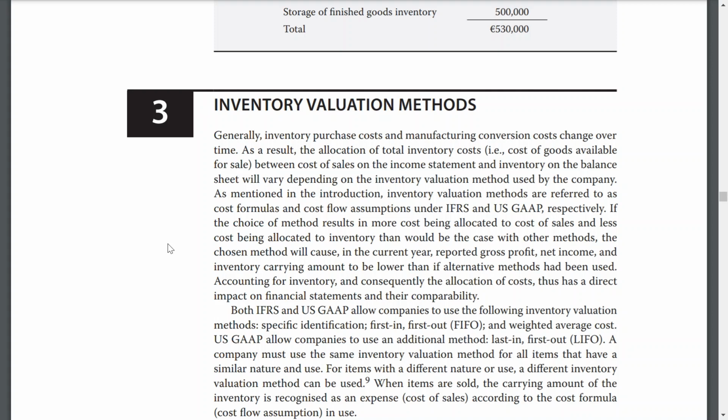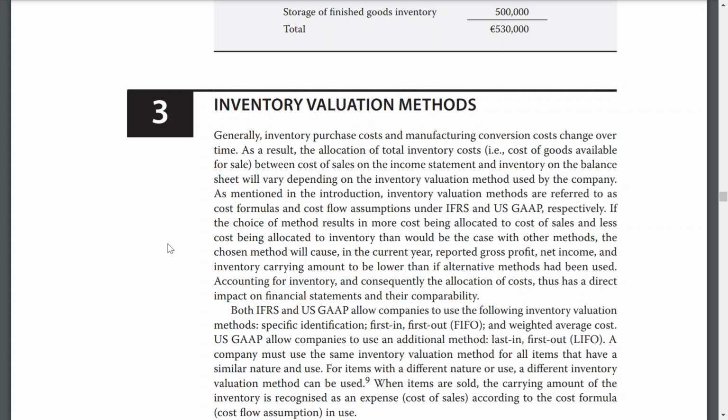If the choice of method results in more cost being allocated to cost of sales and less cost being allocated to inventory than would be the case with other methods, the chosen method will cause the current year's reported gross profit, net income, and inventory carrying amount to be lower than if alternative methods had been used. Consequently, the allocation of costs has a direct impact on financial statements and their comparability.